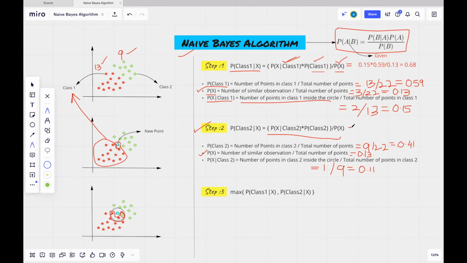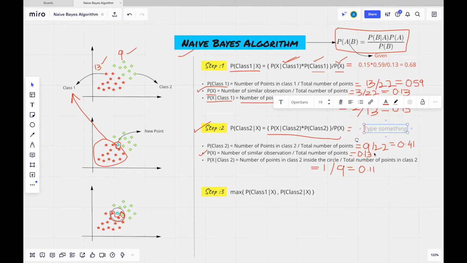So let us substitute now. We have the probability of x given that class 2 has occurred, this value is 0.11, times the probability of class 2, which is 0.41, divided by the probability of x, which is 0.13.